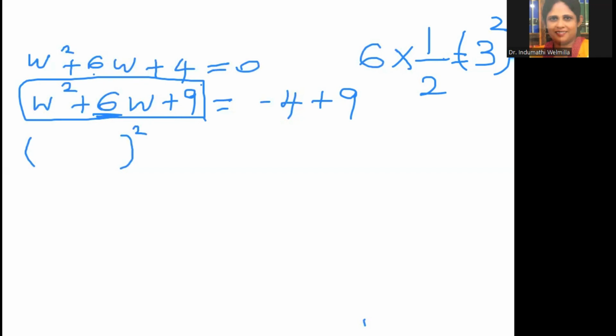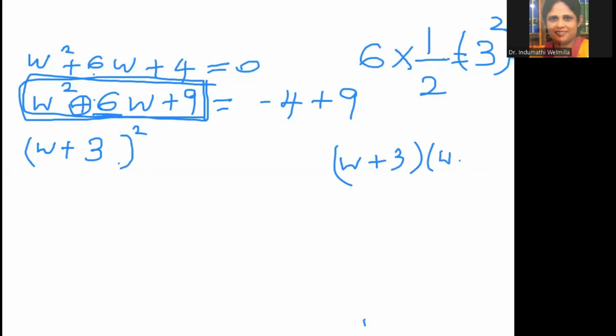So how can we write it again? W, same sign, we can put in here half of this value. What is half of this value? 3, right? So then you can check it. This expression we can write as W plus 3, another W plus 3.